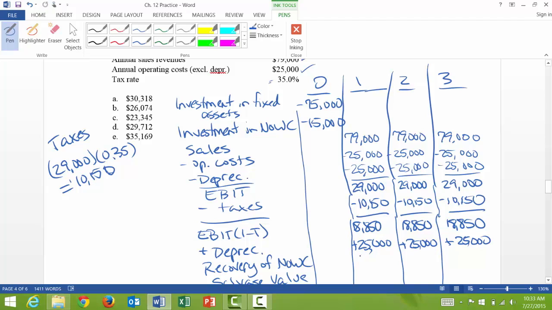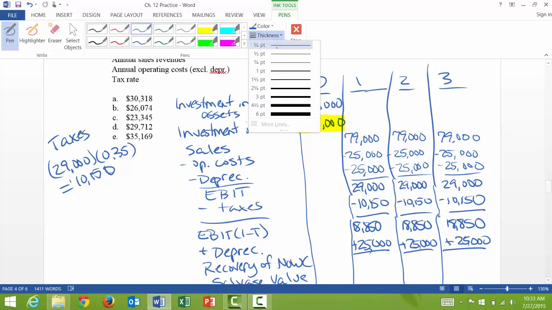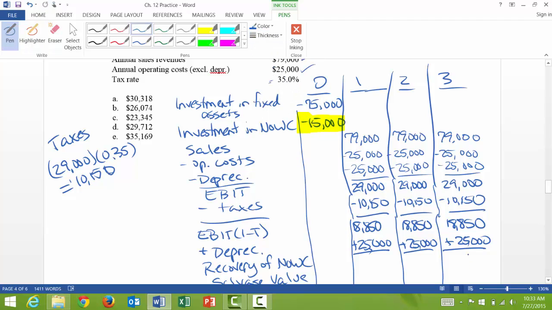We'll have one more thing here. The recovery of net operating working capital I had written down next. At time 3, we get back the 15,000 that was up here. We get that back. And so I'm going to put plus 15,000 here.